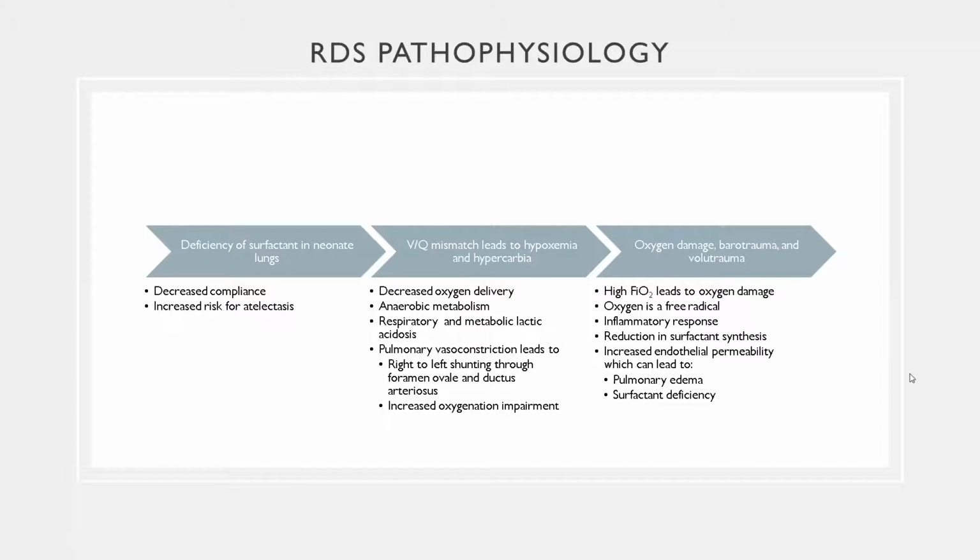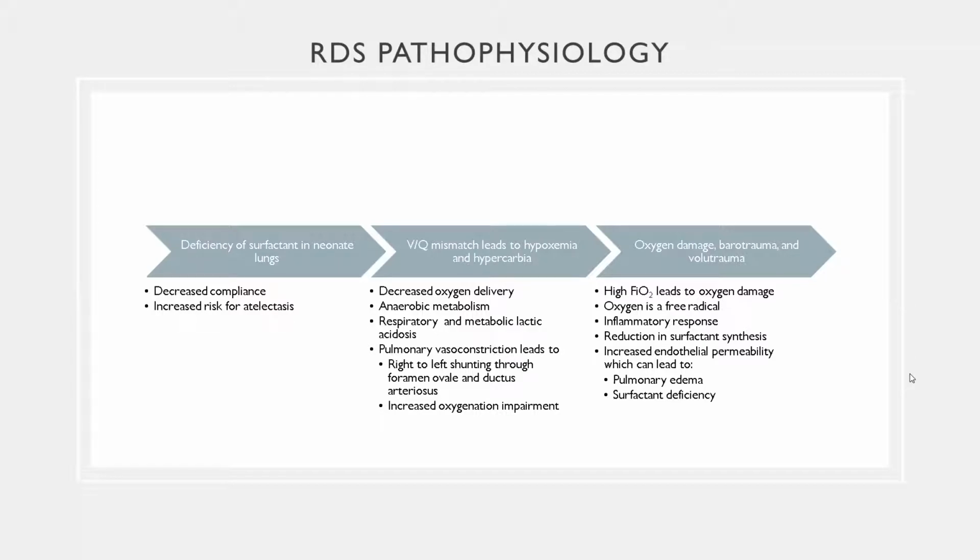The VQ mismatch leads to hypoxemia and hypercarbia, which results in decreased oxygen delivery, anaerobic metabolism, respiratory and metabolic lactic acidosis, as well as pulmonary vasoconstriction, which further leads to right to left shunting through the foramen ovale and the ductus arteriosus. The pulmonary vasoconstriction causes increased oxygen impairment.